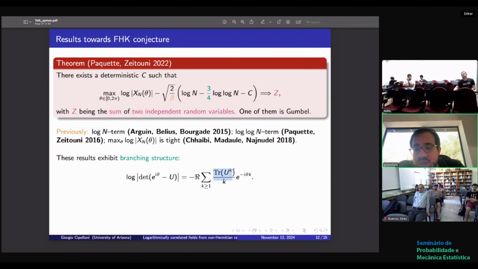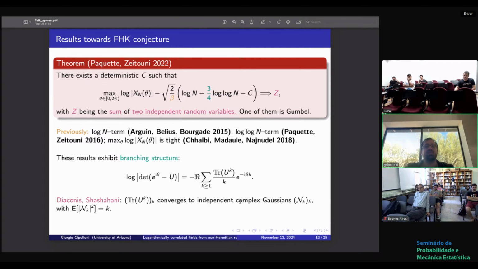It would be if we can show that these traces of U^k are in fact, at least asymptotically, independent Gaussians of variance k, because then this would be exactly like the random wave model. And this is in fact the case. This was shown by Diaconis and Shahshahani, where they computed arbitrary moments of unitary matrices.